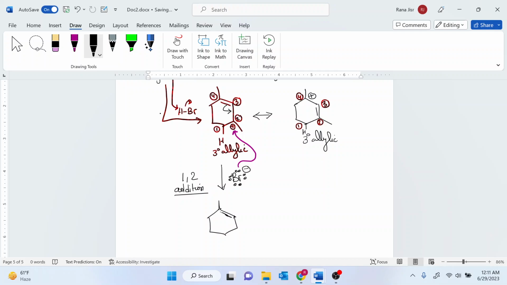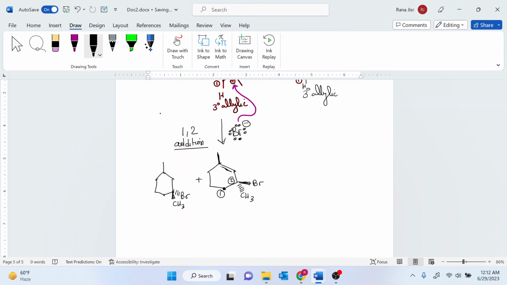So the bromine, if it attacks from the top, then the CH3 is going to be pushed at the back, and that is going to be your 1,2 addition, plus the other isomer in there where the bromine can attack from the back and push the CH3 to the front. Here you go. So these two, and don't forget your double bond in there.